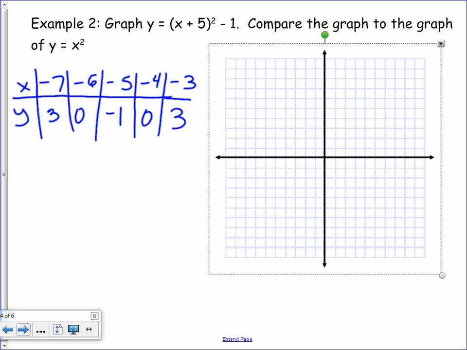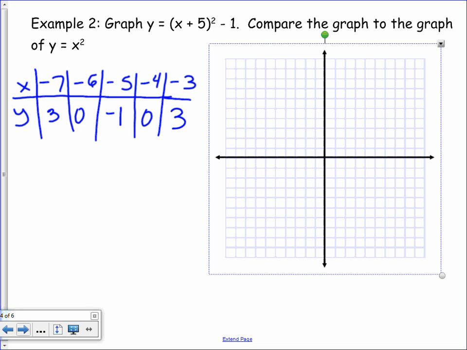So we want to try to find the x values that will make this nice pattern here. We know from this that the vertex basically is (-5, -1), because of that form.